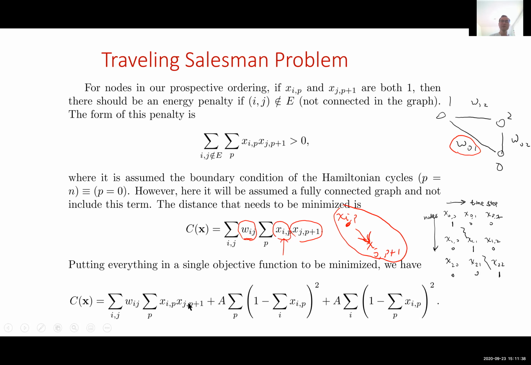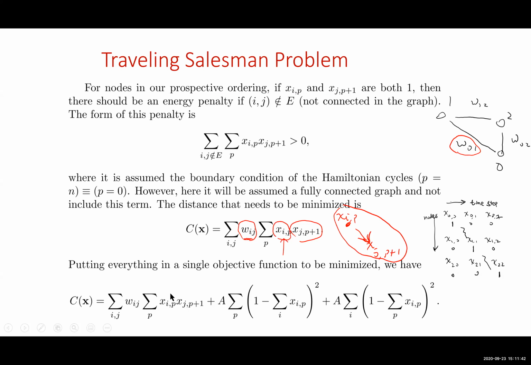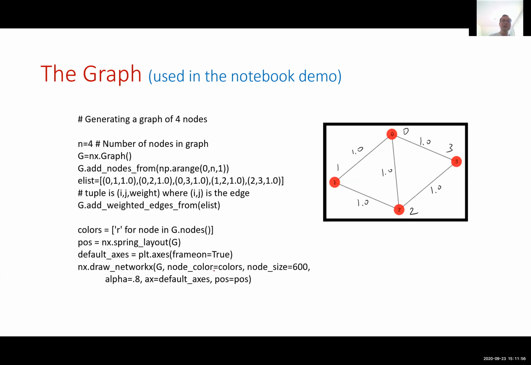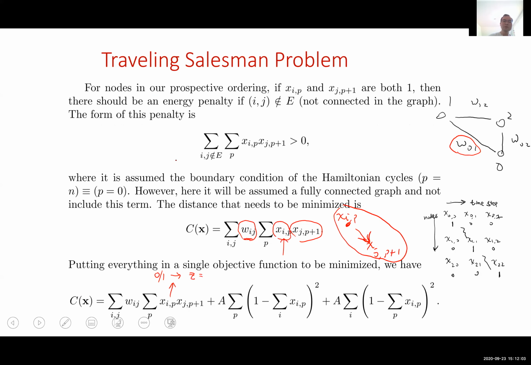The next thing is to turn this into, I didn't put it in text, a 0, 1 into Z variable. Remember, in the previous setup we used x equal to (1 minus z) over 2. Here we can also do the same thing: x equal to (1 minus z) over 2.